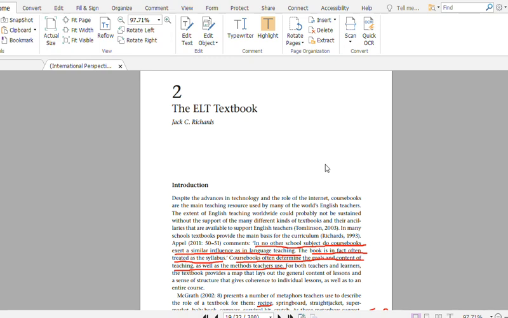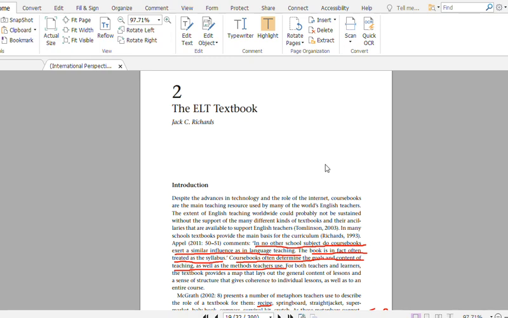Let me be clear about one important point: in no way do I want to say that textbooks are and should be important, but they are central, they are significant, because they are usually used by teachers, learners, and also authorities, or prescribed by authorities.